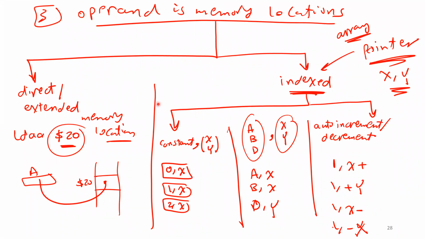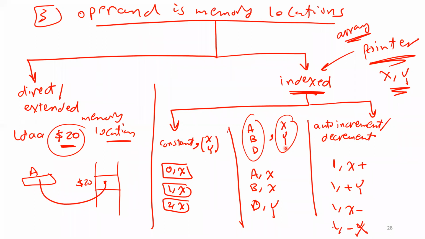Okay, guys. Now I want to move to the third case, which may take some time because we have different ways for the operand. If your operand is a memory location, we have different ways. But quickly, before I go there, let me summarize what I said. Your operands can be an immediate value, and in this case you have to put a hashtag.